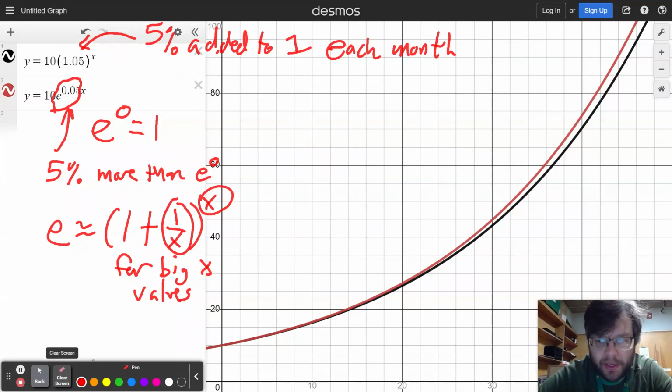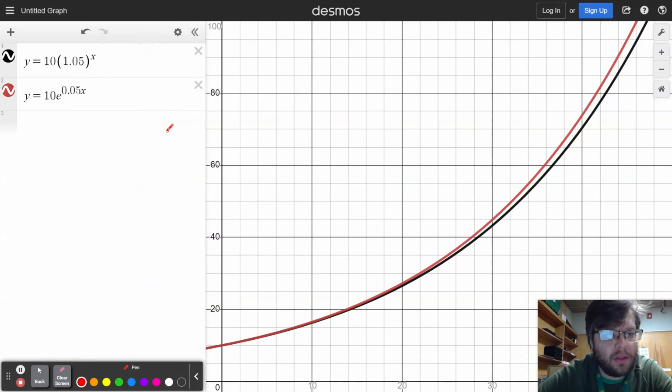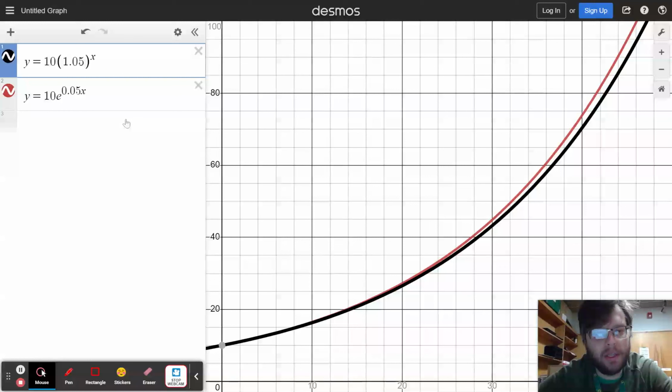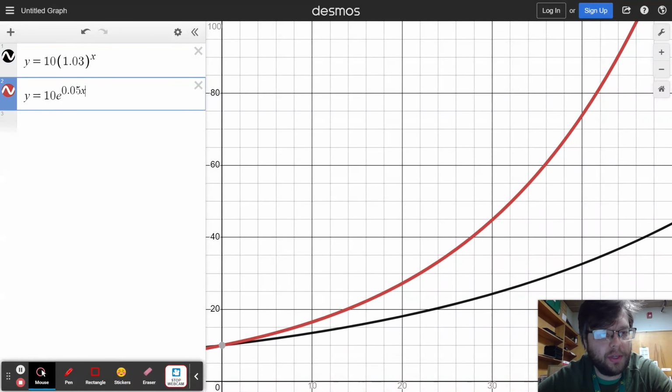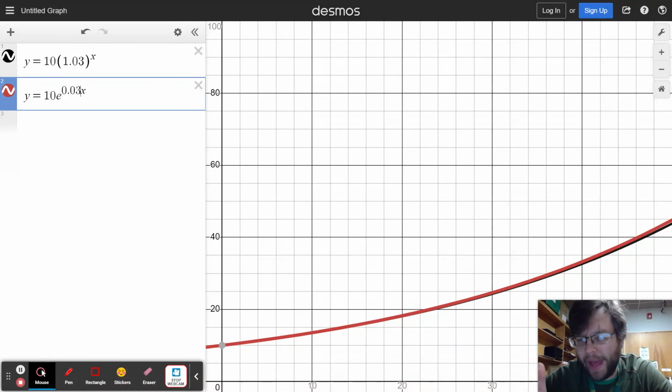I want to show you something about e. These are approximations of 5% growth. If I change it to 3% growth, you'll notice it's a little bit flatter, of course. You might also notice that they are closer together.